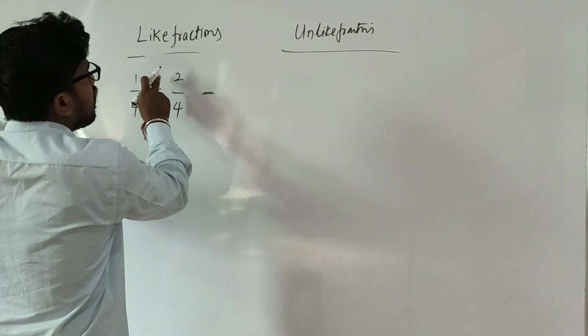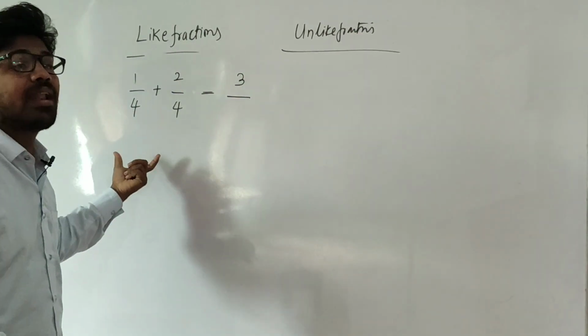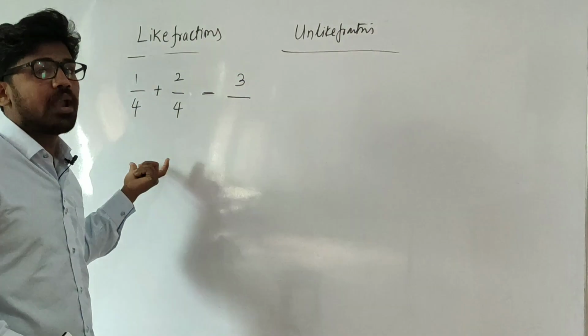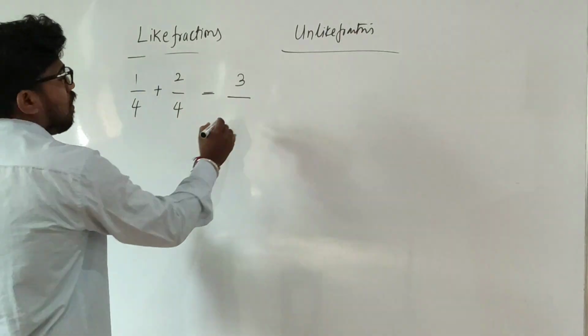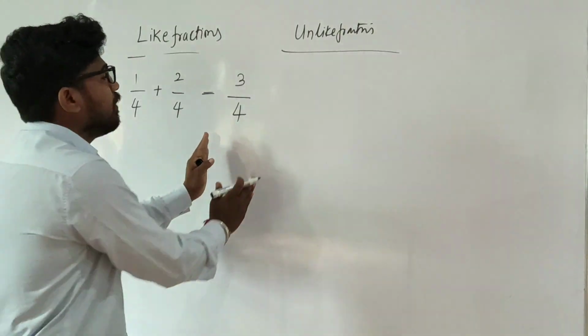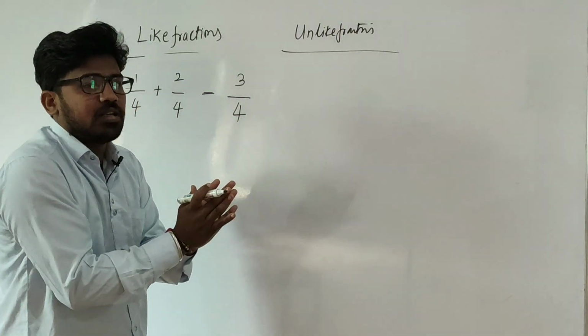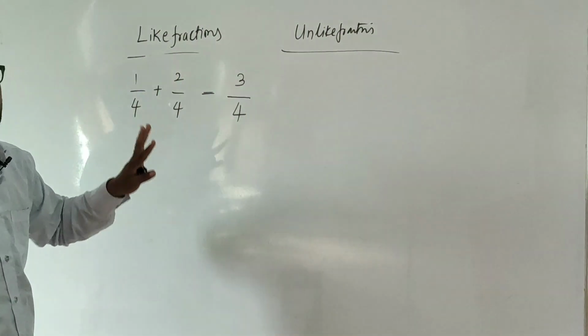That is 1 plus 2 is 3. And we don't add the denominator. We keep the 4, because both the denominators are the same, so we keep the same number. That's it, for like terms only. For addition, this is a simple technique.